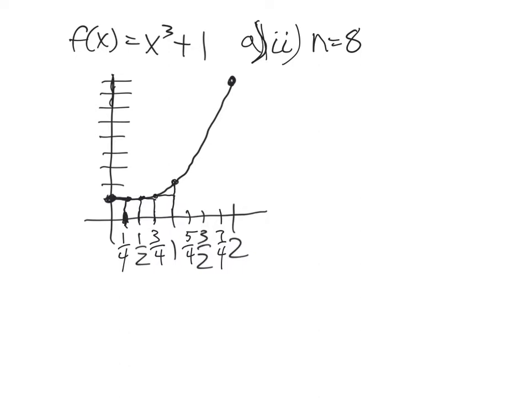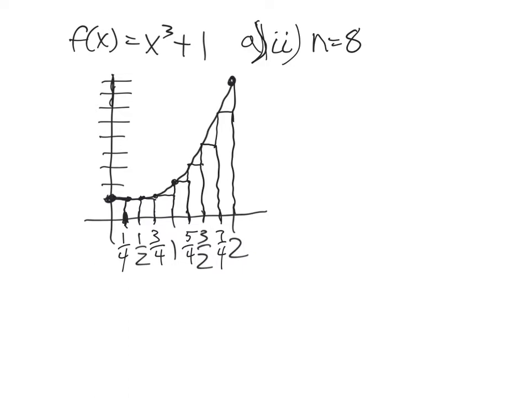If you had someone that could actually draw, that would help, especially on these first two. Oh, nice straight lines. Okay, so there would be the 8 rectangles using equal subintervals and equal widths, left endpoints. A lot of details there.